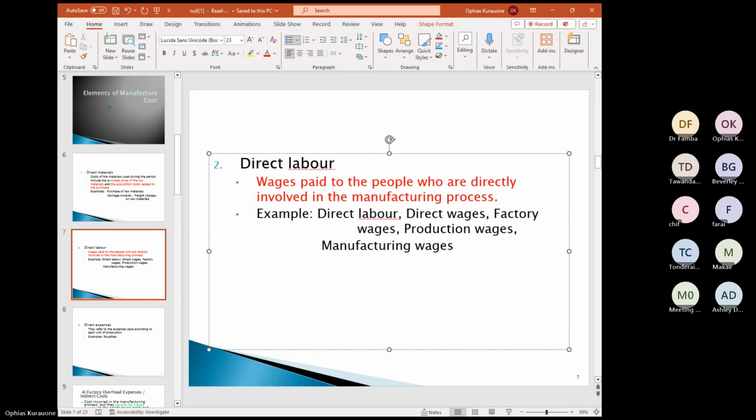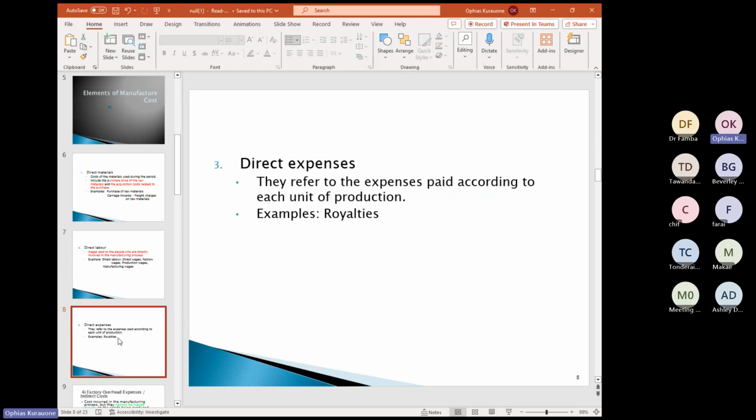Then we go on and look at the next one, that is direct expenses. Direct expenses refer to the expenses paid according to each unit of production. For example, royalties. You can use the name Coca-Cola or Pepsi.